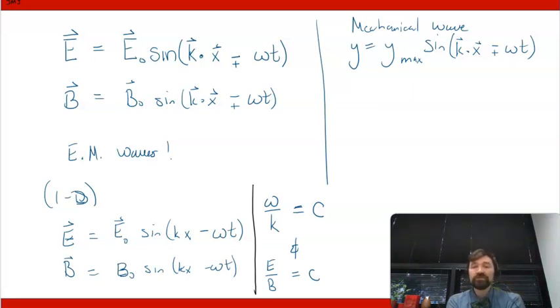So the two fields' magnitudes are related at all times for a given point in space by the same propagation speed c that the wave is propagating at. Now, in a future video, I will discuss these parameters further, but I think that's good for today.